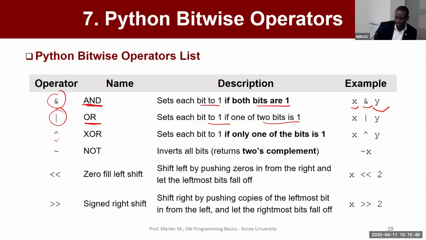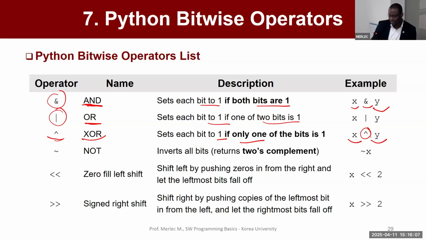You have this one, which is used for XOR. XOR sets the bit to 1 if only one of the bits is 1. The expression is an operand, then the operator, and then the second operand. You can combine them.